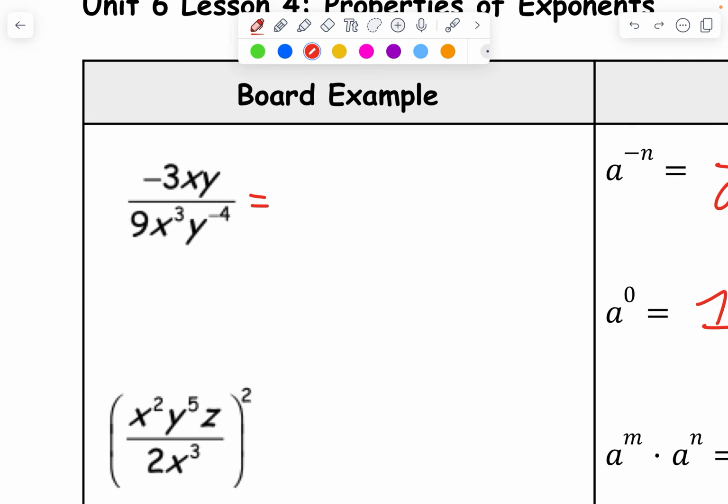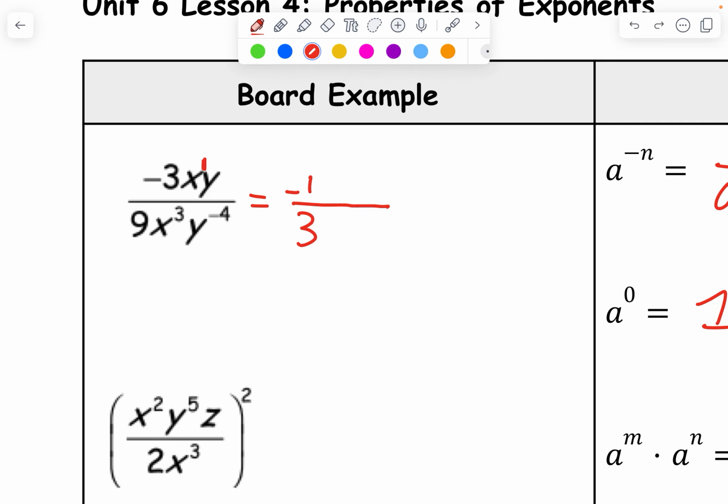So what I have is -3/9. The first thing I'm going to do is simplify those numbers in front. You can take a 3 out of both of those, and those numbers can be simplified to -1/3, because -3/9 simplifies to -1/3. Then I have x to the first up here and x to the third.